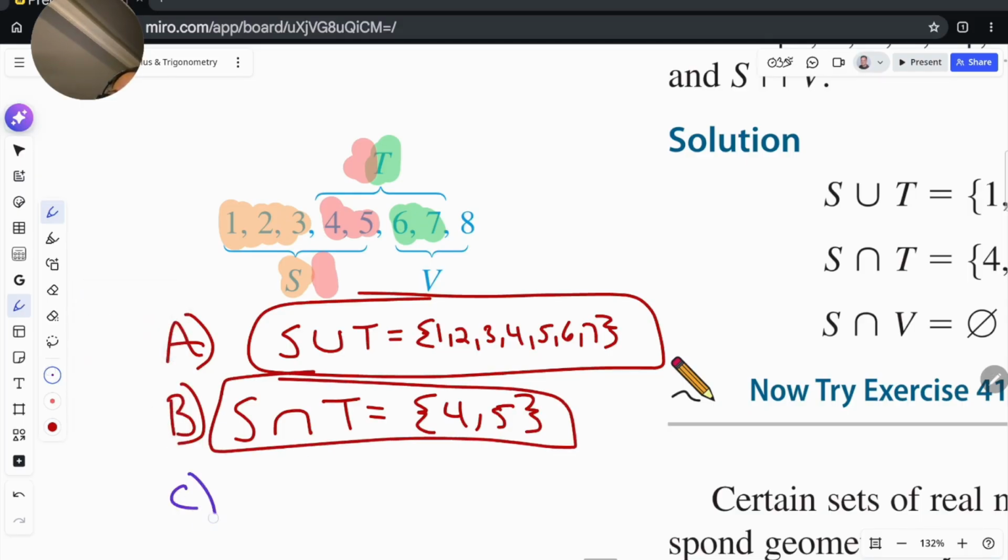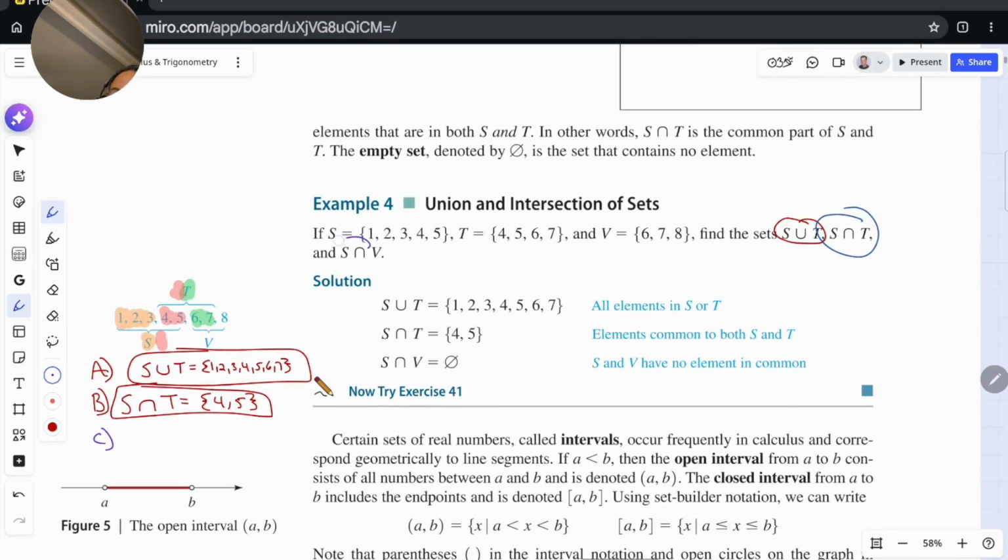And now C. Which elements appear in both S and V? So S is 1, 2, 3, 4, 5. And V is 6, 7, 8. So there are no common elements. We can write that down. There are no common elements, written here as well.